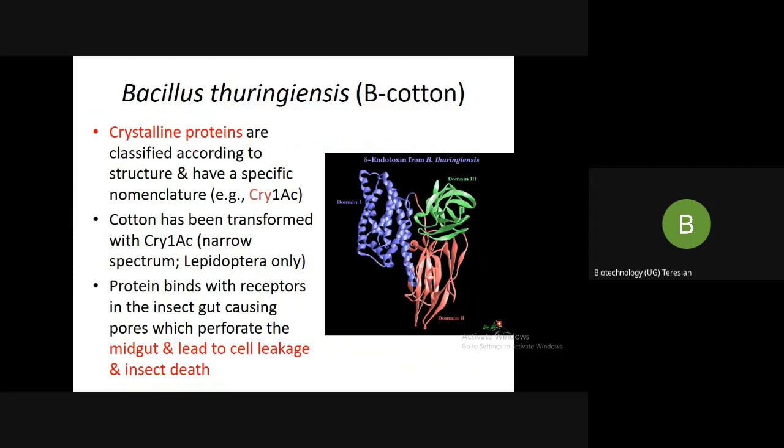So what we mean by this BT toxin is, see, it is a delta endotoxin. This is how it appears to be. It is a crystalline protein. They are classified according to the structure and have a specific nomenclature, which is called Cry1AC.